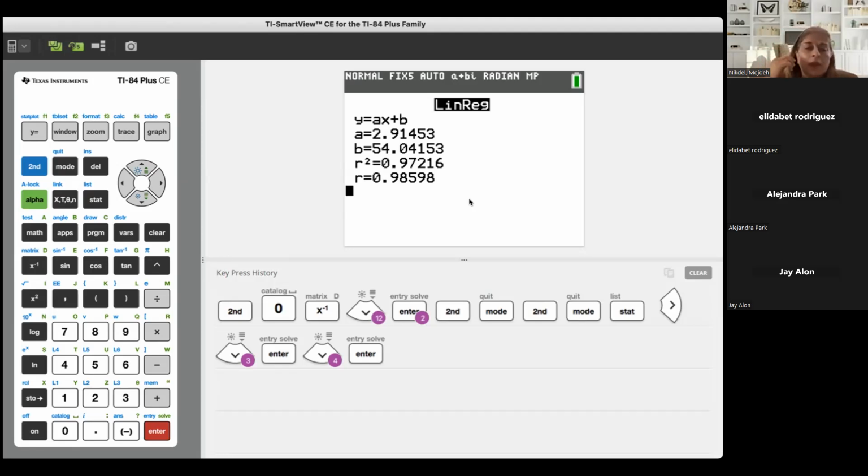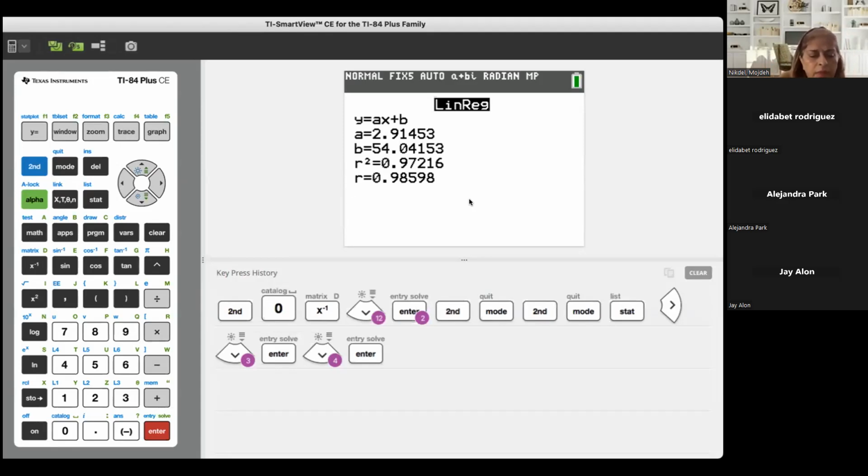So if you go to your screen and it doesn't show you R, then you'll have to go back in and do the diagnostic. But once you set it, it will stay. It shouldn't go away. Only if your battery dies or your calculator is reprogrammed.